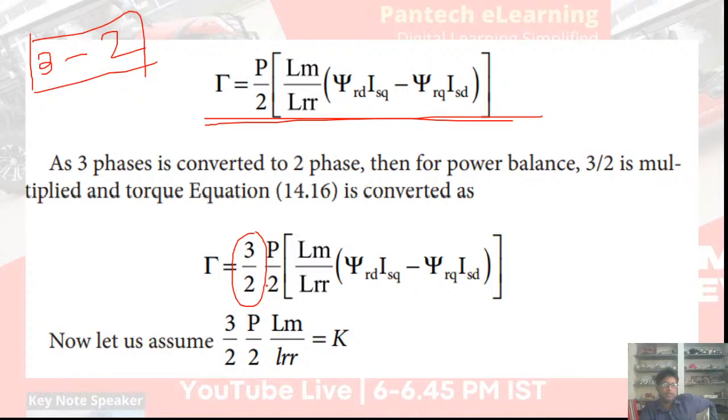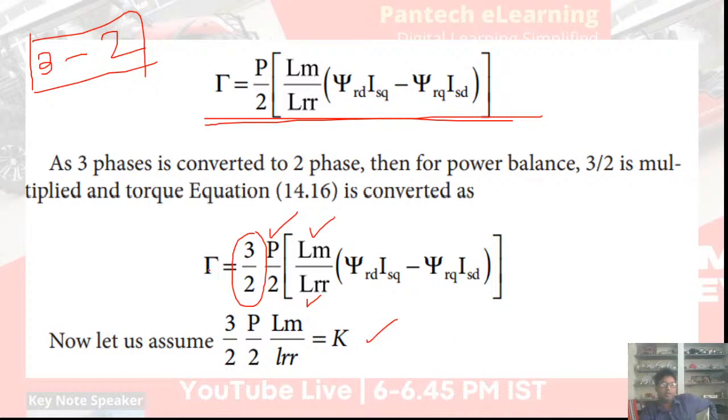So that's why I multiplied this final thing by 3 by 2. Now the pole count for a machine is constant. The mutual inductance and the total inductance of the rotor are also constant. So this entire term 3 by 2 P by 2 Lm by Lrr is also a constant.